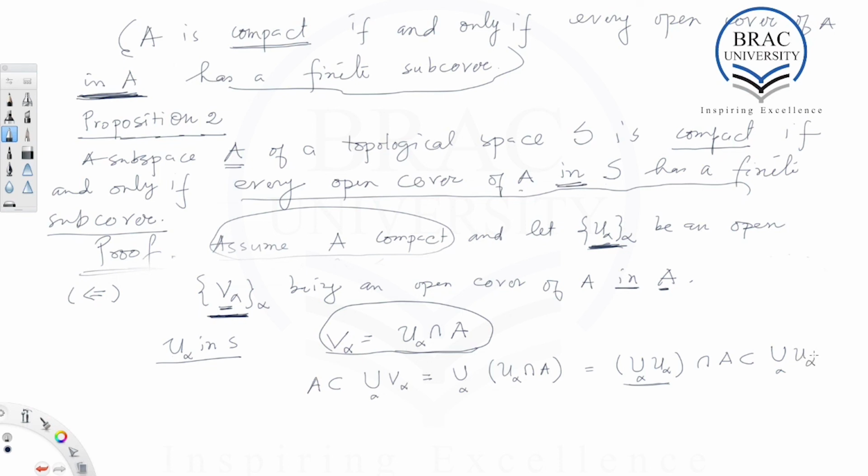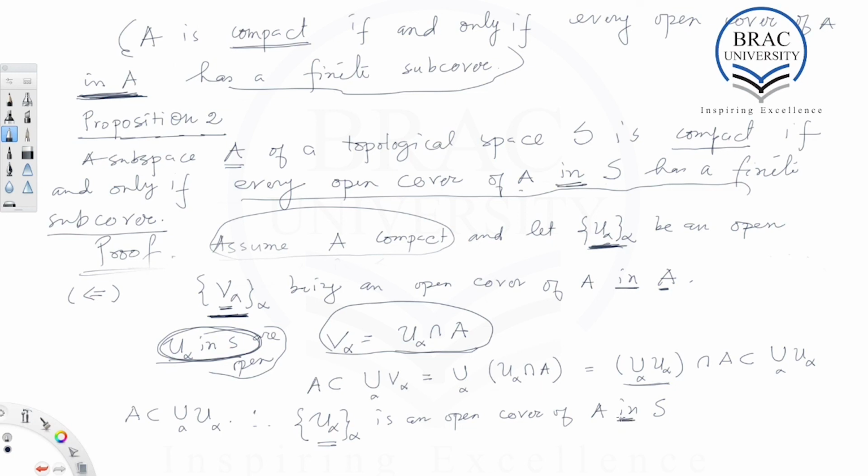So we have seen that A is contained in this union, which means that U alpha is an open cover of A in S, because these U alphas are open in S. So this collection is an open cover of A in S, remember.